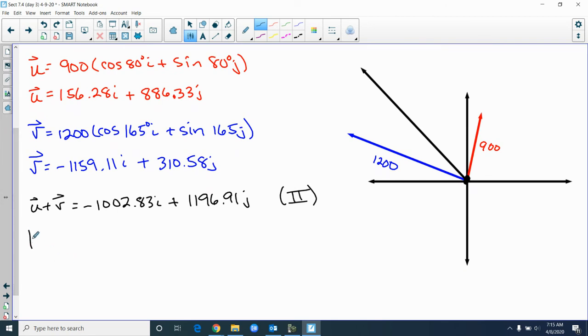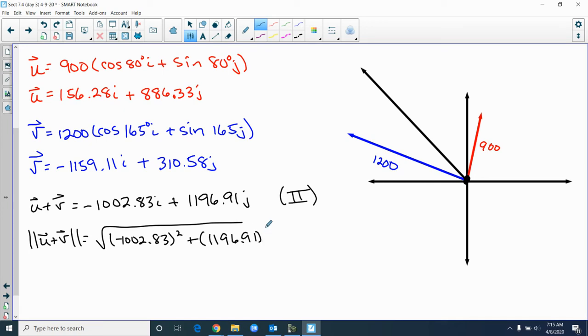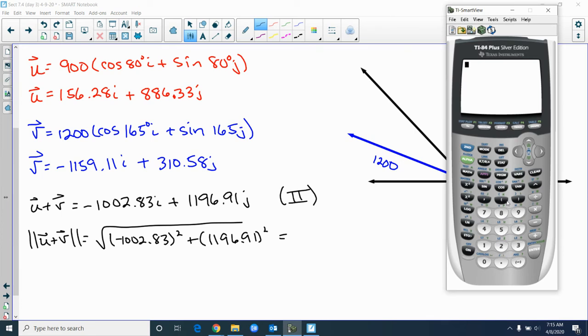All right, what's the magnitude of U plus V? It's going to be the square root of negative 1002.83 squared plus 1196.91 quantity squared. Take the square root. I think I'll take the square root last.